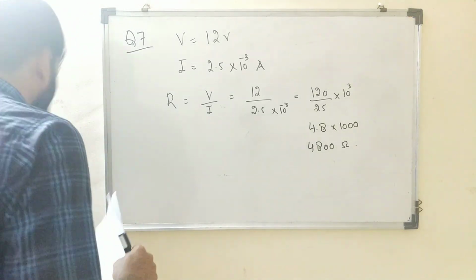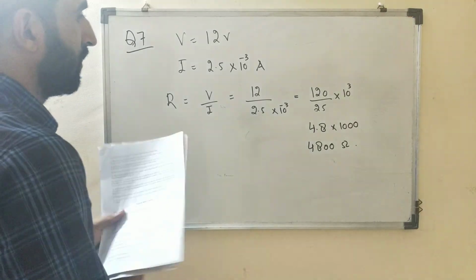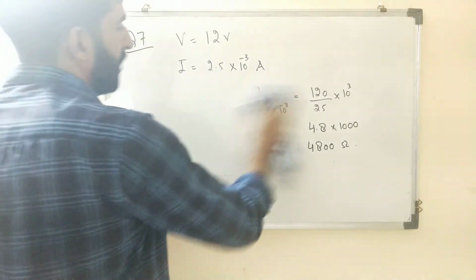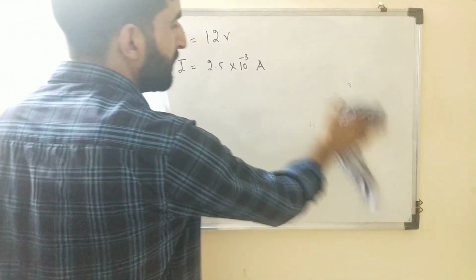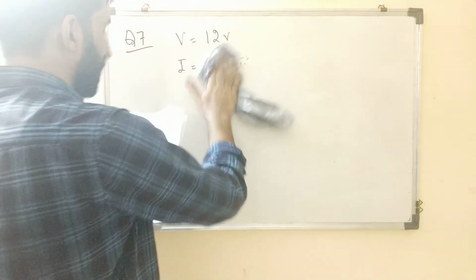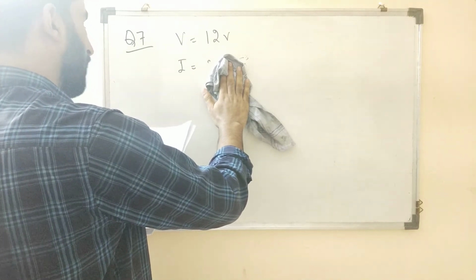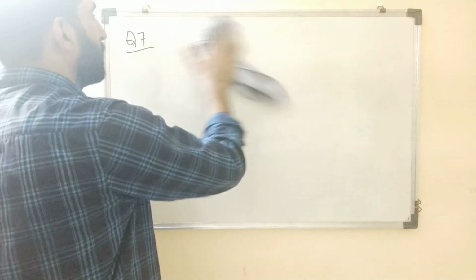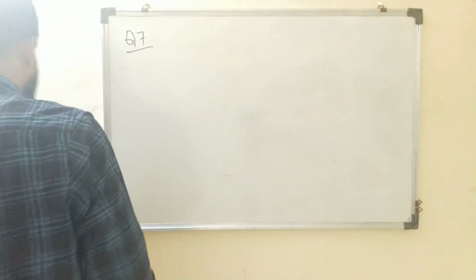So we have to find out the current flowing in the circuit. The current will be the same, but the voltage drop across all the resistors will be different.